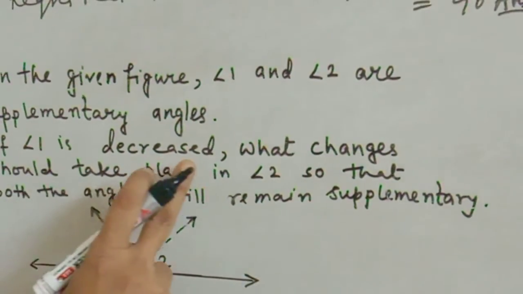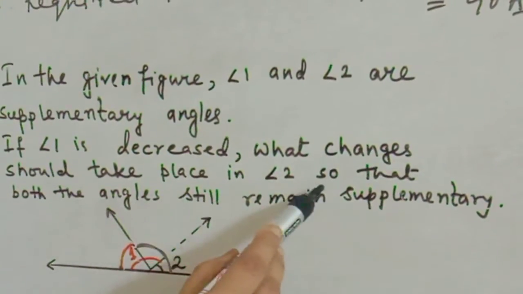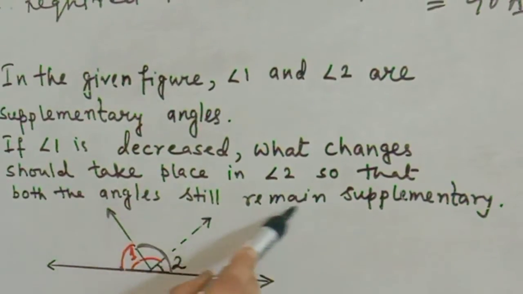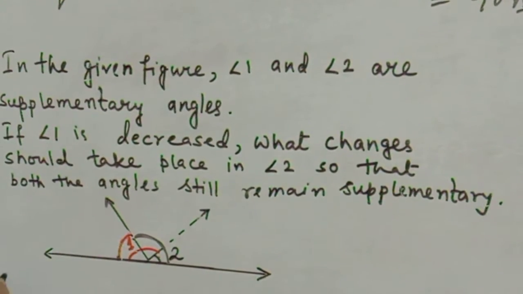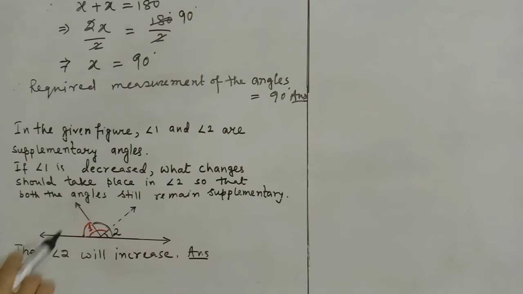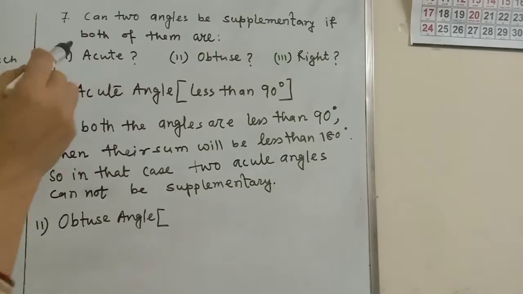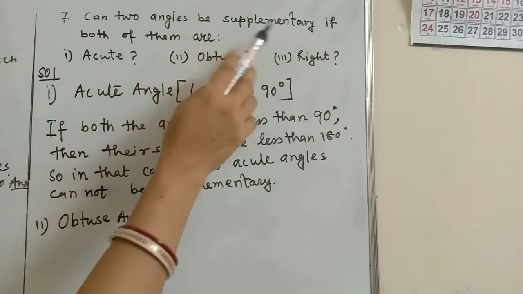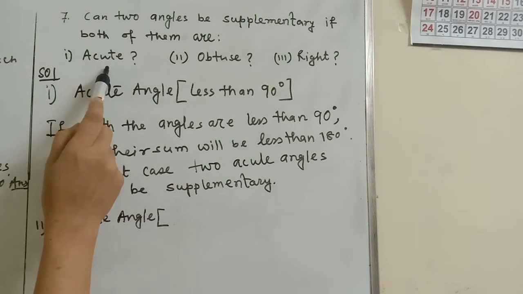So if angle 1 is decreased, what change should take place in angle 2 so that both angles still remain supplementary? Then you have to write that in that case angle 2 will increase. Understood? Now in question number 7, can two angles be supplementary if both of them are acute angles?